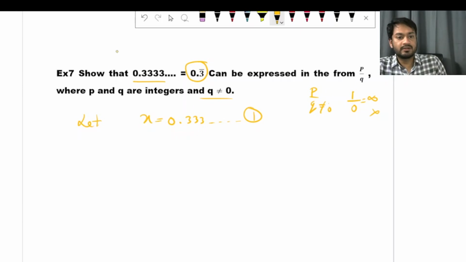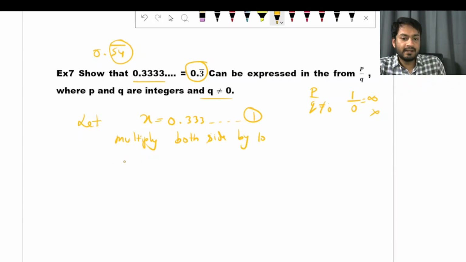If suppose there is a bar on 0.54, then you will multiply by 100. So I will multiply both sides by 10. If you multiply both sides by 10, 10x is equal to 3.333 dash dash. This is the second equation.